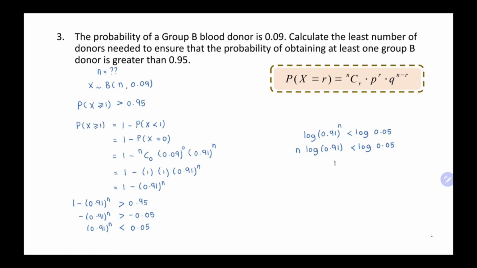And then we get N log 0.05 divided by log 0.91. Log 0.91 is a negative number. When we bring to the right side, so we need to change less become greater. So we get answer N greater than, we solve, we get 31.76. Gunakan jadi N equals to 32.